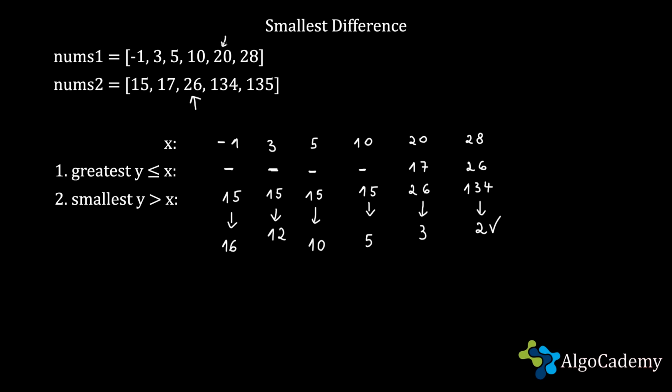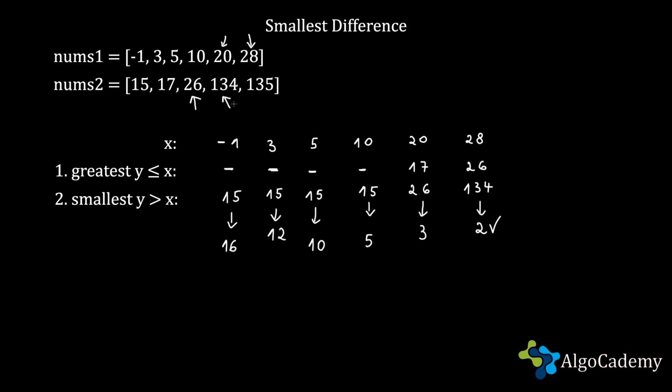And whenever I move to a new element, that element is going to be greater than or equal to the previous one. So this smallest y could not be valid anymore. Here, because I moved to 28, 26 is not greater than 28. So what I'm gonna do is, of course, look for an element on its right.